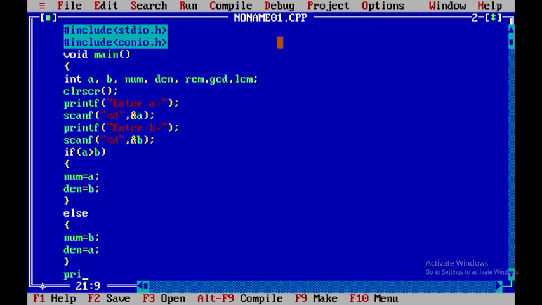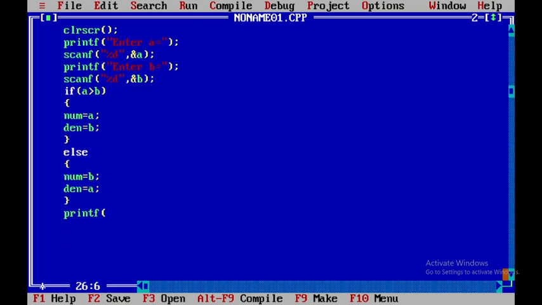So I write printf here, numerator is equal to percent d numerator, and printf denominator is equal to percent d denominator.